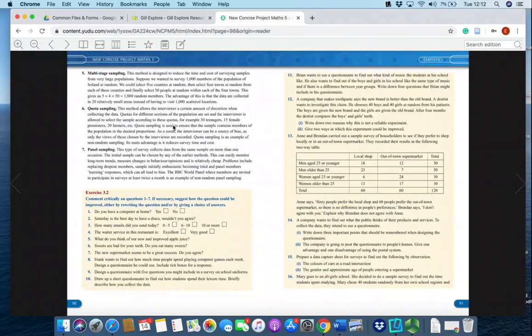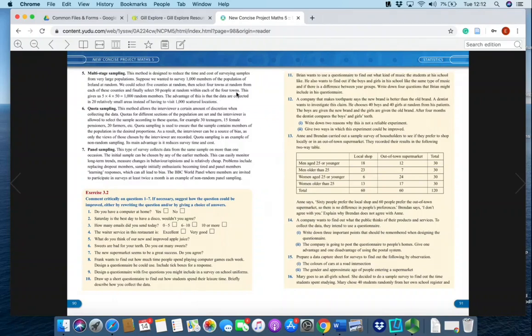Multistage sampling is designed to reduce the time and cost of surveying samples from very large populations. Suppose you want to survey 1,000 members of the population of Ireland at random. You could select 5 counties at random, then select 4 towns at random, and then finally select 50 people at random from each of the 4 towns.